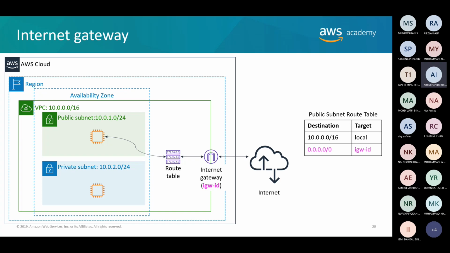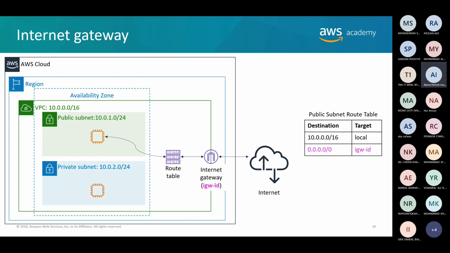So this internet gateway is a scalable, redundant, and highly available VPC component that allows communication between instances in your VPC and the internet. An internet gateway serves two purposes: to provide a target in your VPC route tables for internet-routable traffic, and to perform network address translation for instances that were assigned public IPv4 addresses.